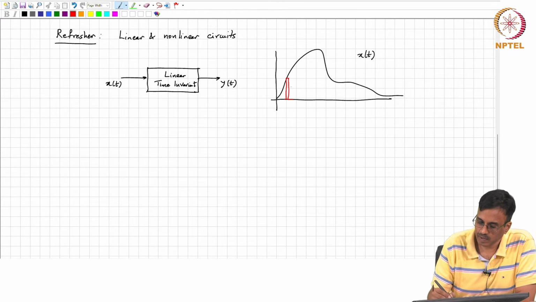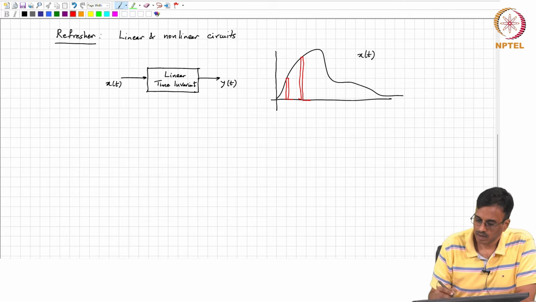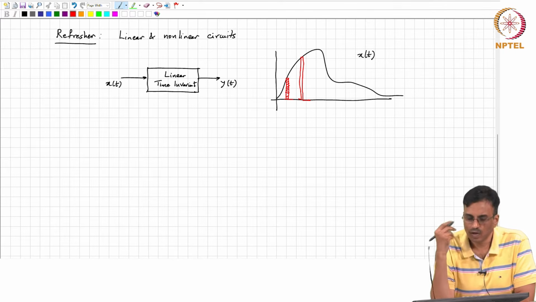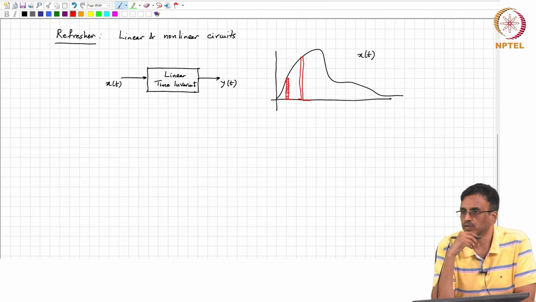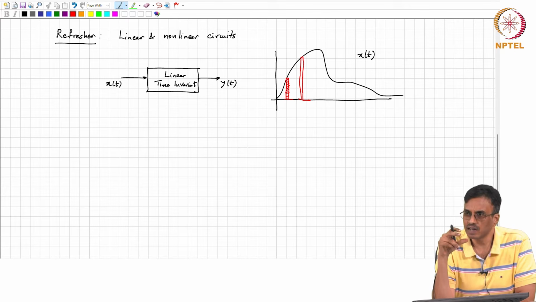So, you can break this up into a bunch of thin slivers like that, and each sliver can be thought of as a small impulse, and if you know the output response of the system to an impulse, then because the system is linear, you know its response to a scaled impulse, correct.